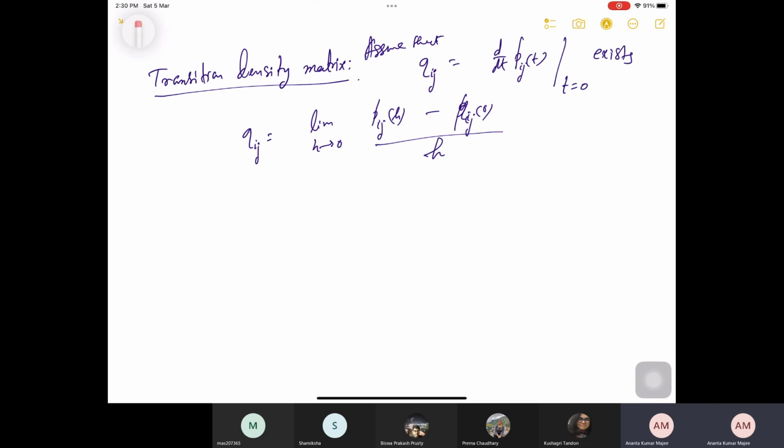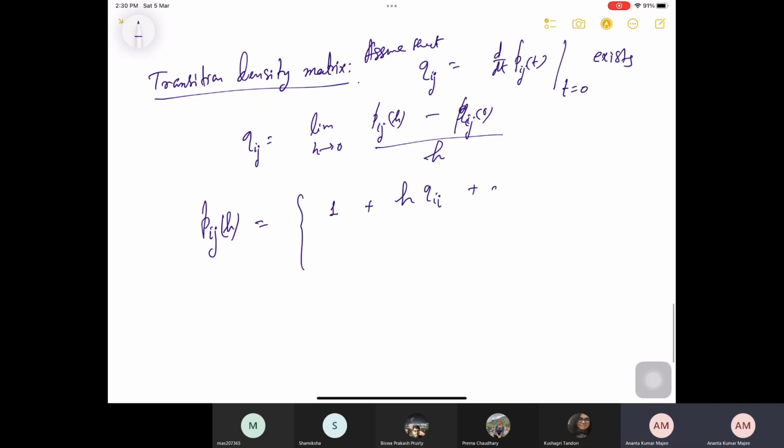That means I can write Pij(h), for h infinitesimal time, as 1 plus h Qii plus small o of h for i equal to j, and h Qij plus small o of h for i not equal to j.